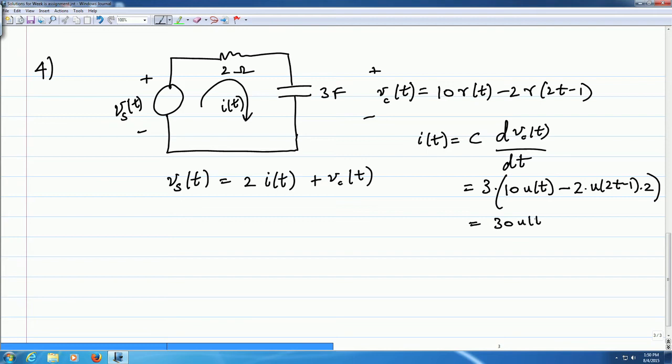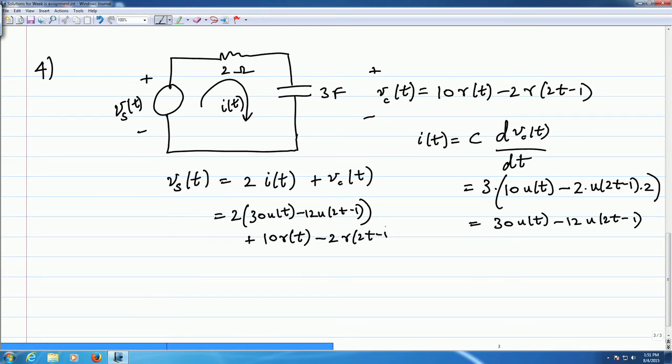You get 30 times u of t minus 12 times u of 2t minus 1. This is I of t. Now, you plug this back in here and put in Vc of t, you simply get 2 times I of t. So, 2 times 30 u of t minus 12 u of 2t minus 1 plus Vc of t, which is 10 times R of t minus 2 R of 2t minus 1.